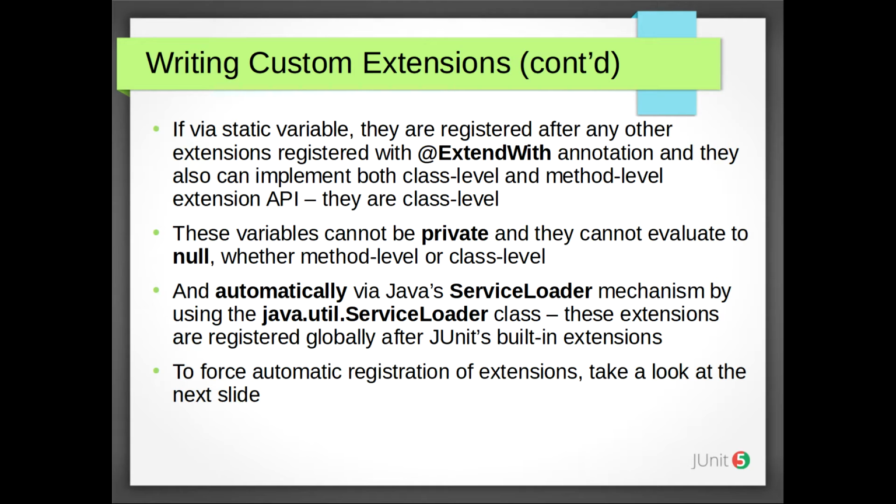And automatically via Java's service loader mechanism, that is the third way to register an extension, by using the java.util.ServiceLoader class. These extensions are registered globally after JUnit's built-in extensions. So to force automatic registration of extensions, take a look at the next slide.